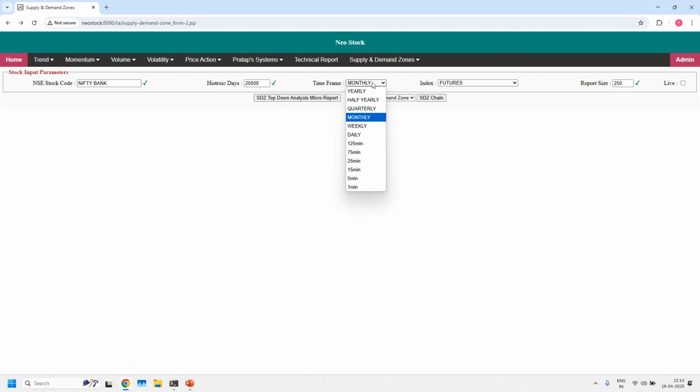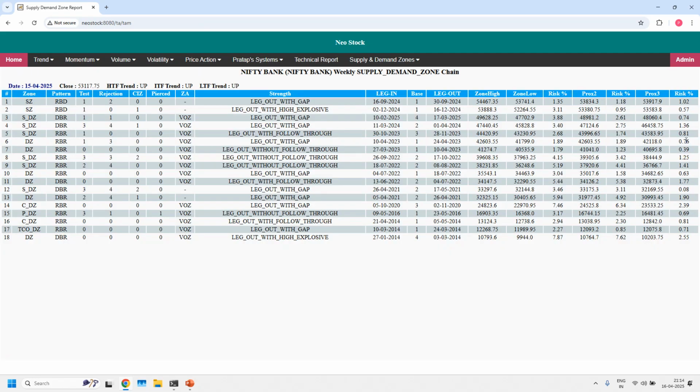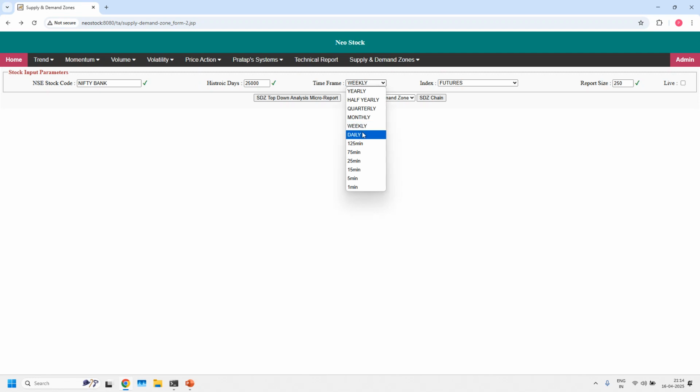Next, generating weekly, then daily supply demand zone chain for Bank Nifty.